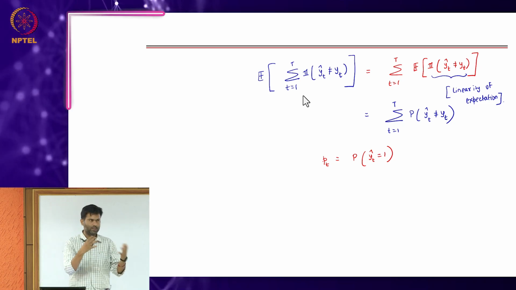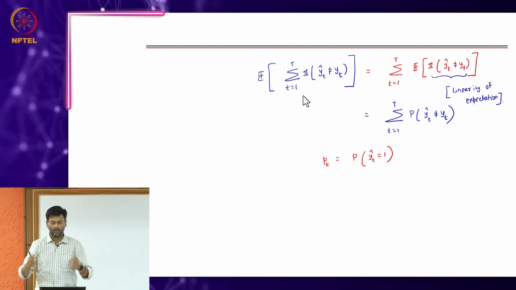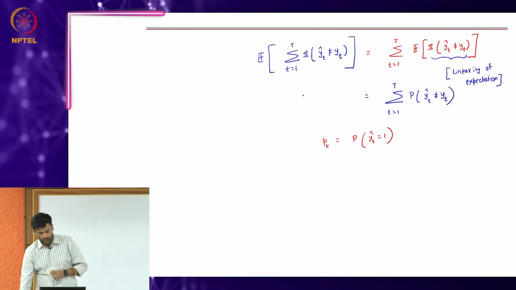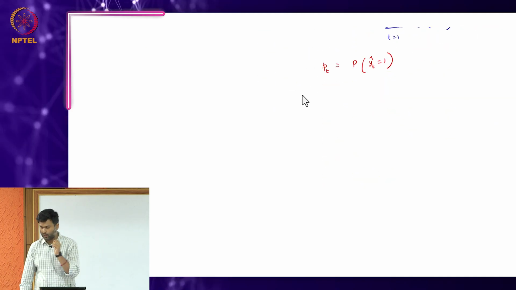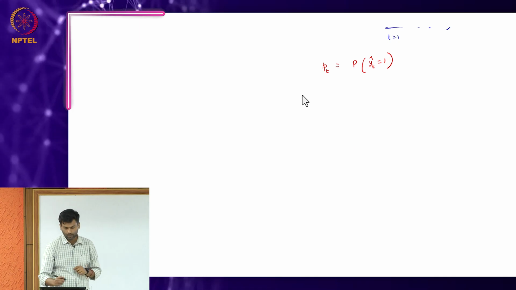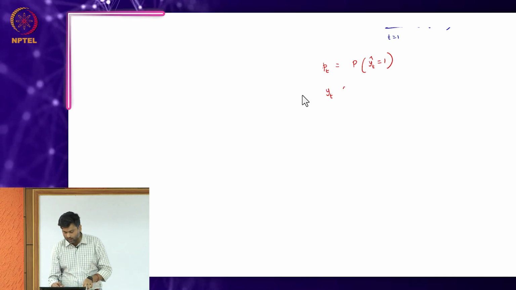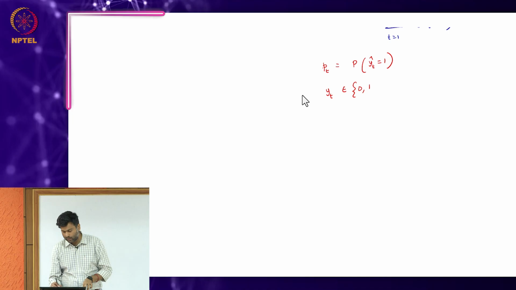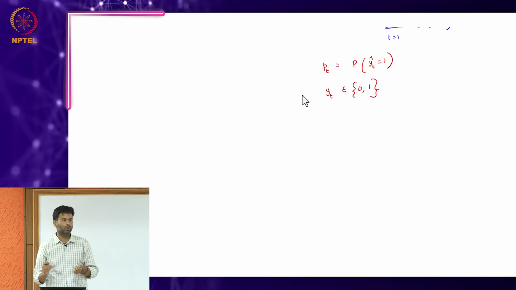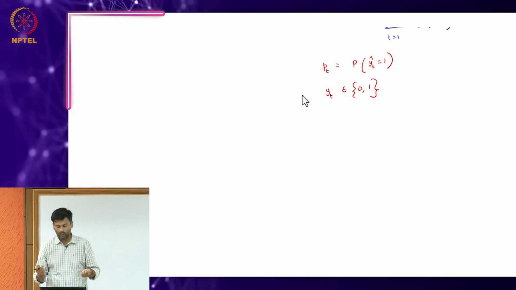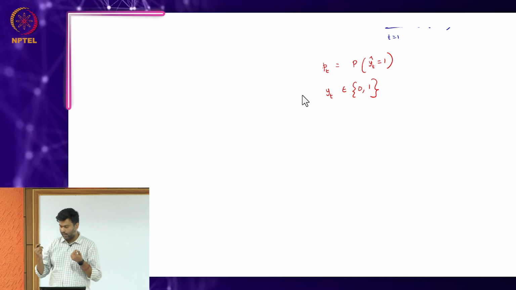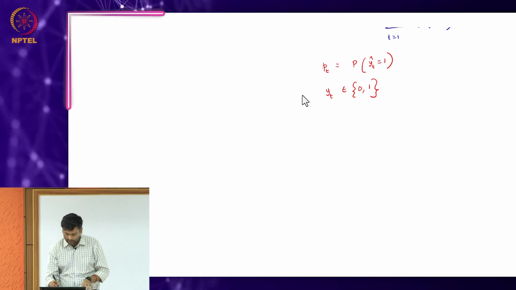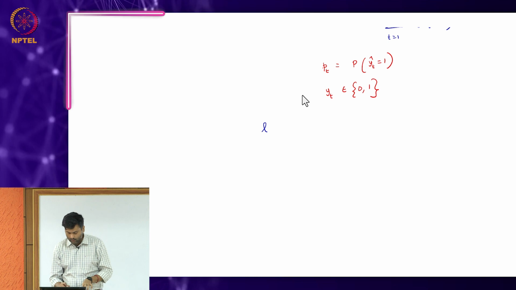We don't know what the algorithm is, some randomized algorithm, and we want to understand how good it is. So pt is the probability that y hat t equals 1. Yt is what nature or the adversary tells us, which can be 0 or 1.